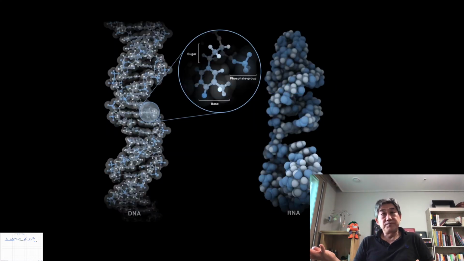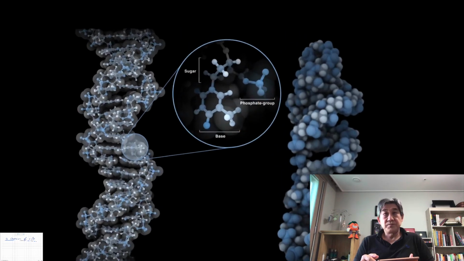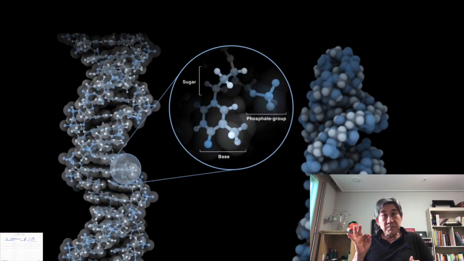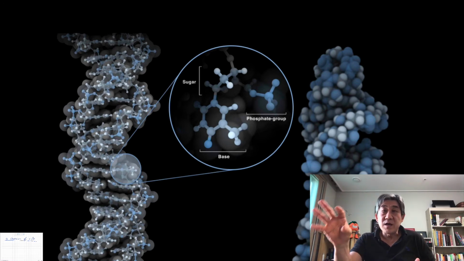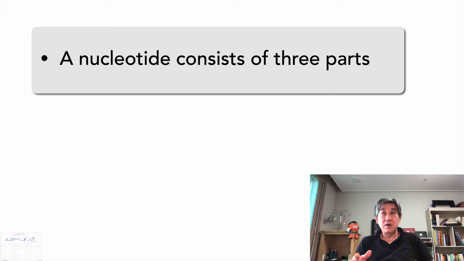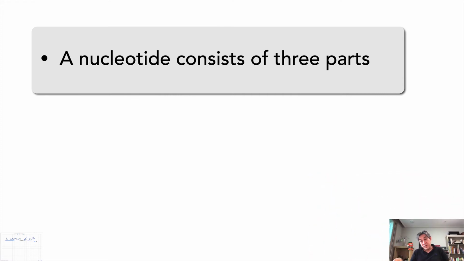So in this thread-like polymer, for each single nucleotide, there are 3 different parts. Combined together, these 3 parts make one individual nucleotide. So a single nucleotide consists of 3 parts.